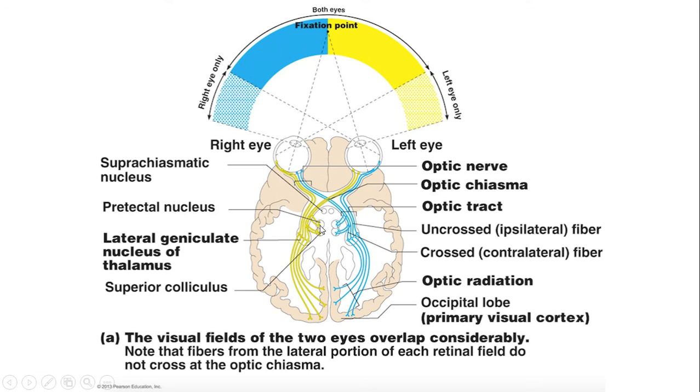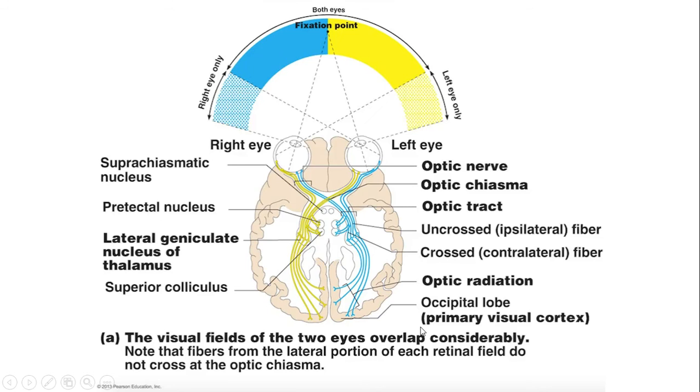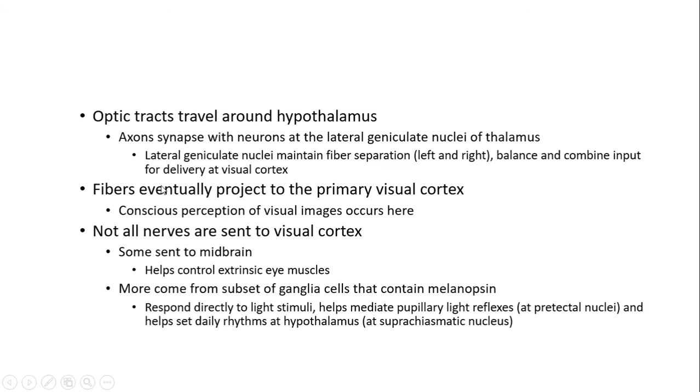So you have the nuclei in the midbrain, which is the pretectal nuclei, and it helps set the daily rhythms at the hypothalamus, basically at the suprachiasmatic nucleus. So once again, we're looking at the hypothalamus area, which has the suprachiasmatic nucleus.